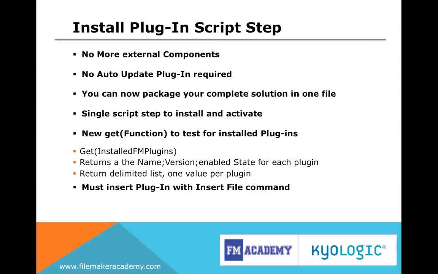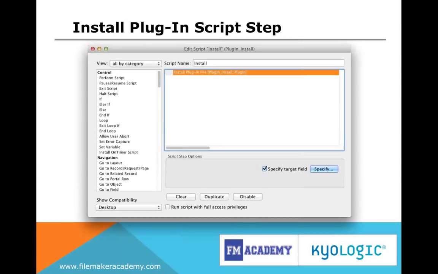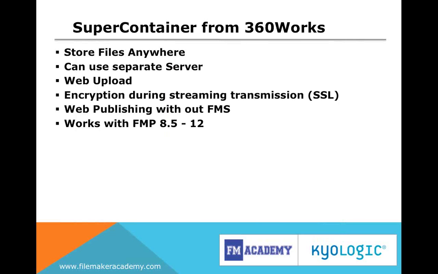And we again will see a demo of this. So here's what the script step looks like when it's all configured. You can see it really is that simple. It's one parameter, and that's the name of the container field that contains the plugin. And when it runs, it goes.